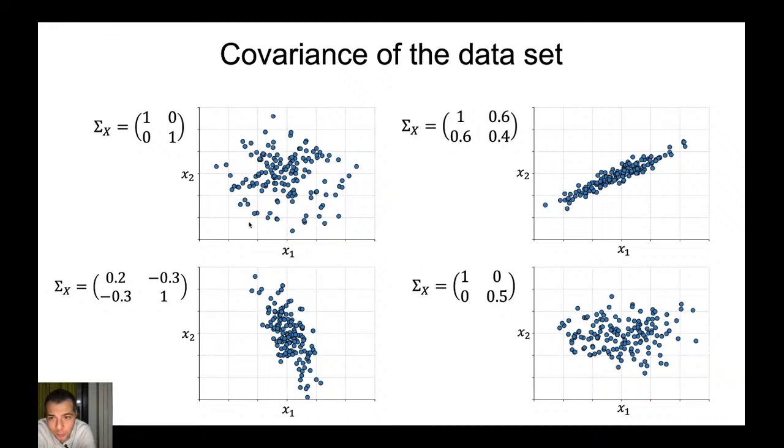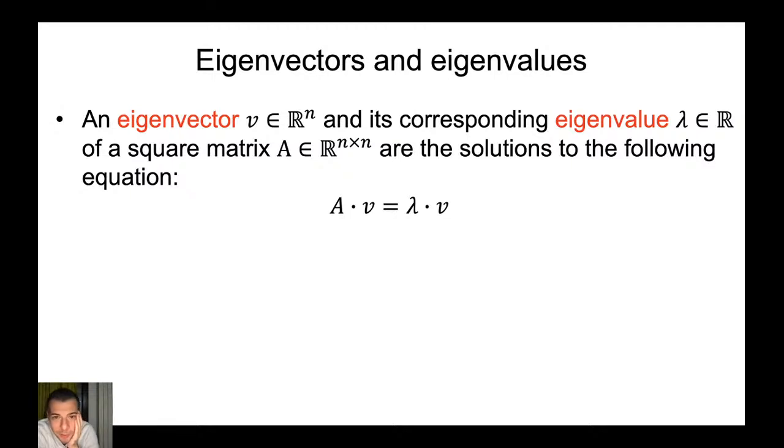From the covariance matrix, we can obtain our principal components, and what we can use here are eigenvectors and eigenvalues.